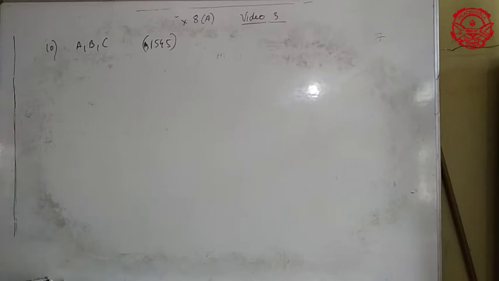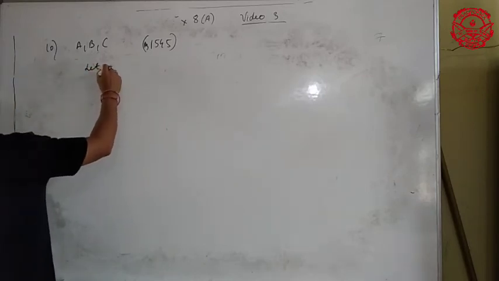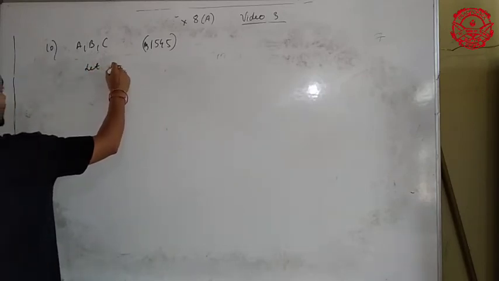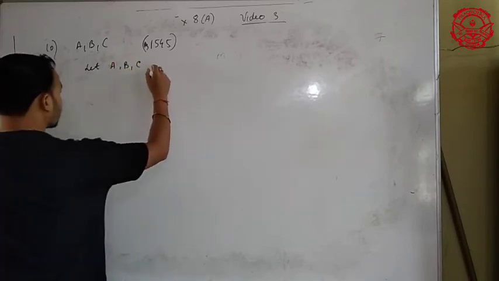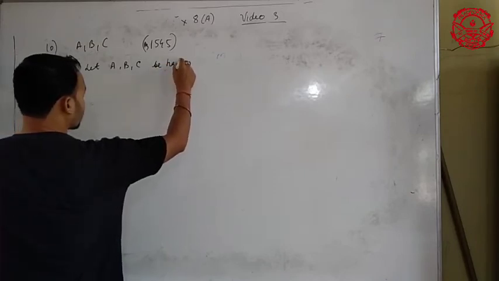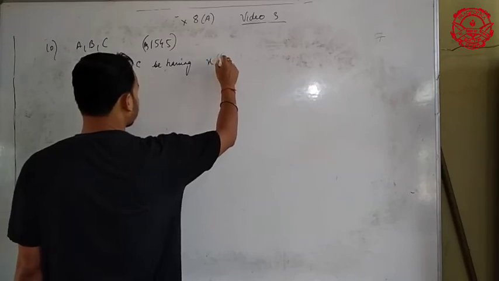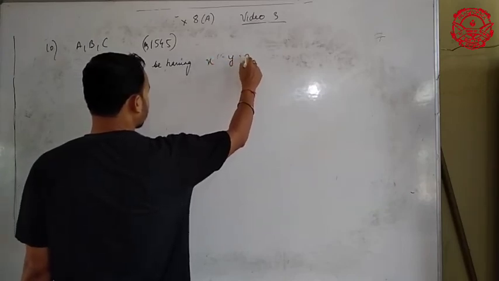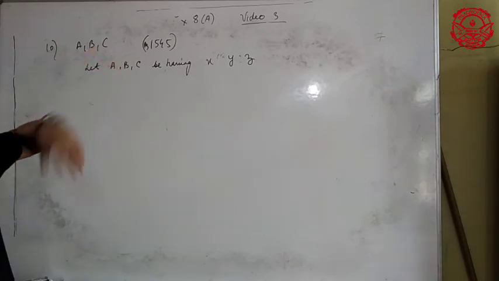The ratio says A gets 3/5 of what B gets. Let the share of A, B, and C be X is to Y is to Z.